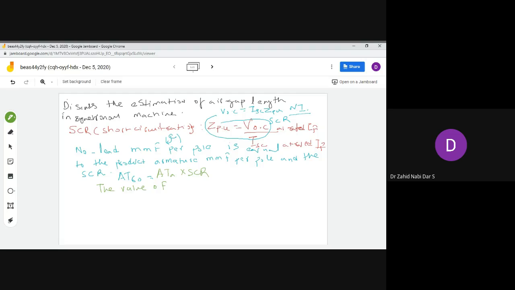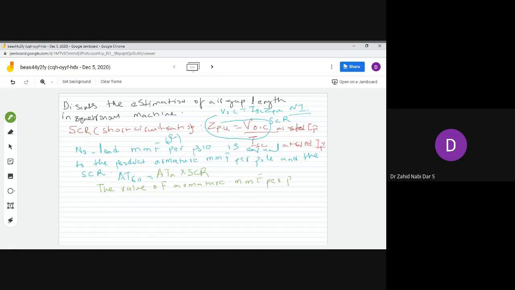So the value of armature MMF per pole, that is ATA, happens to be 2.7 times I phase, T phase, K w, the winding factor, divided by P. This formula we have already derived.